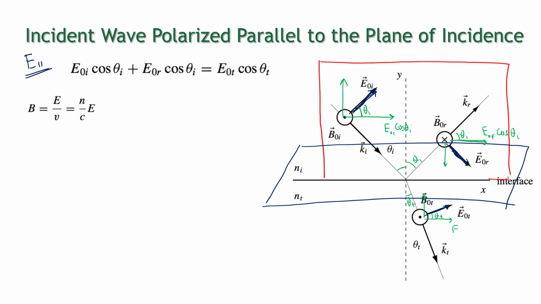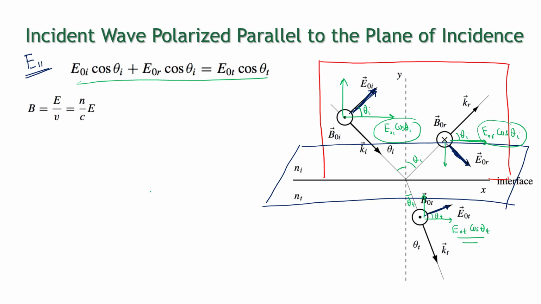So this would be EOT cosine theta t. Okay. So the sum of these two electric fields, which are above the boundary, would be equal to that. Okay. So that's what we have here. And they are all positive because they are all pointing to the right.